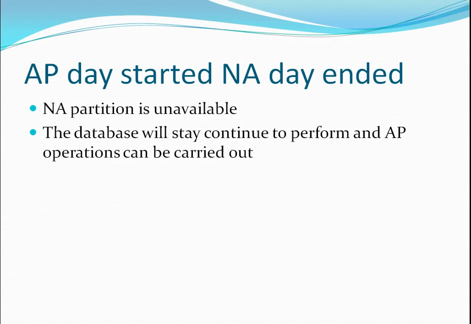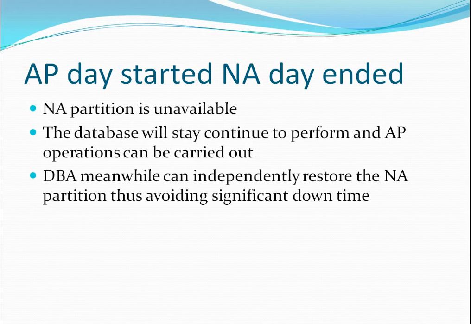And since our data is divided into 3 or more partitions, the DBA can independently restore the NA partition, and it will avoid significant downtime, as well as be very quick. Obviously we have a huge amount of data, so quick is a relative term, but still it will be quicker than restoring the entire table. So let's quickly recap the advantages.